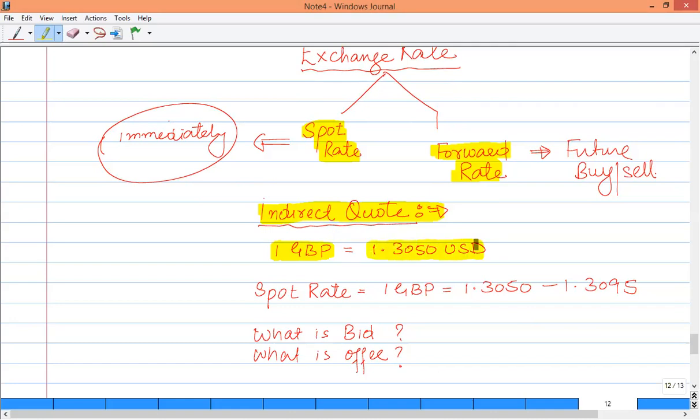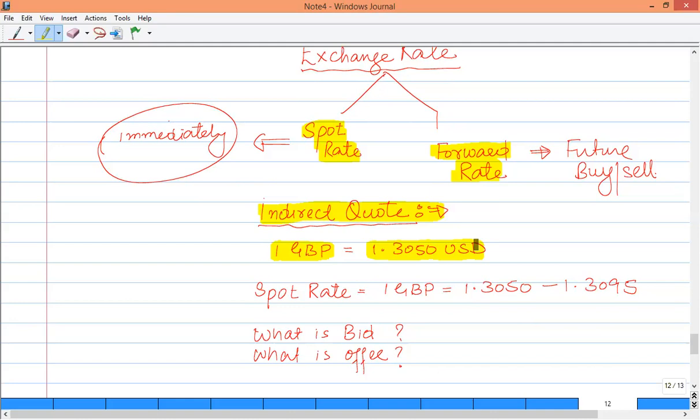So for example, assuming our home currency is pound sterling GBP, and the foreign currency is USD, the rate is given as 1 GBP, that is 1 unit of your local currency. That means the rate that has been quoted is called an indirect quote.